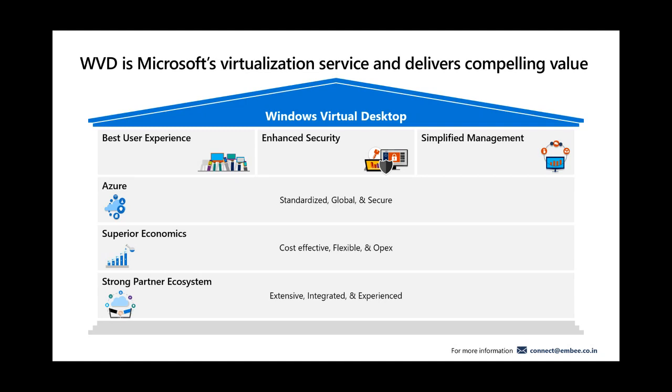So if you want to use Windows client applications or web applications on your WVD environment, that is also possible. For example, you have some applications configured on premises and you want to leverage those applications from on premises in your WVD environment within the security boundaries.